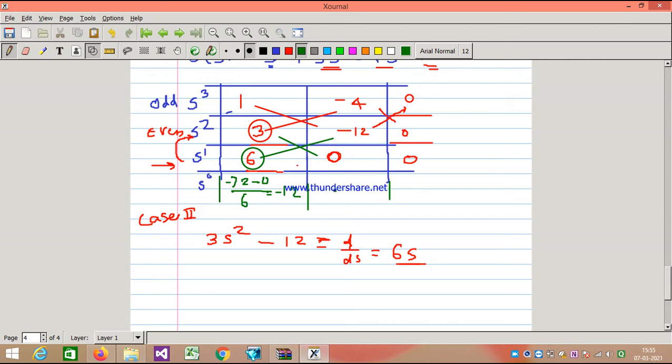Once we get -12, again with this cross multiplication, 0 into 0 is 0, 12 into 0 is 0, so 0 divided by 0 is 0. Okay, and this is the last equation.